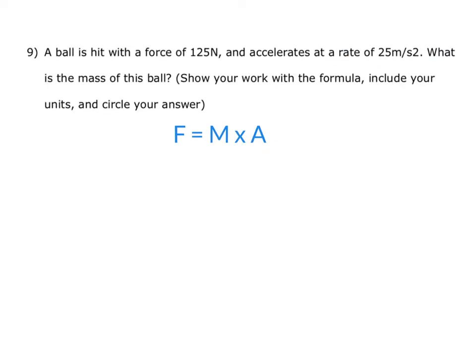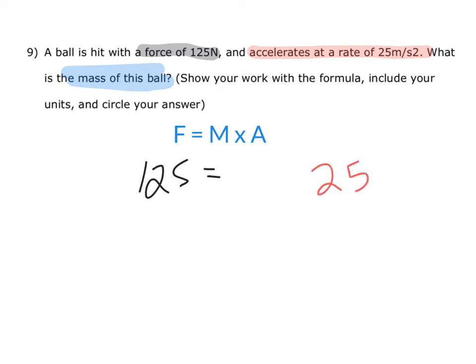Now for number 9, a ball is hit with a force of 125 newtons and it accelerates at a rate of 25 meters per second squared. What is the mass of the ball? So we're solving for mass. They have given us the force, which is 125, so I'm going to put that under the F. They've given us the acceleration, which is 25, so I'm going to put it under the A. We just don't know what the M is yet.